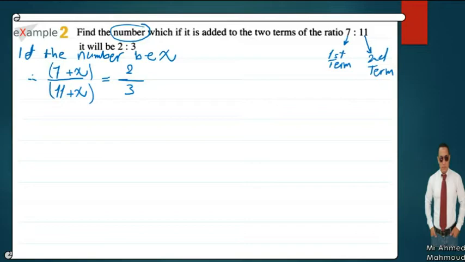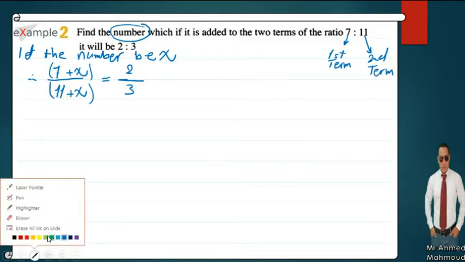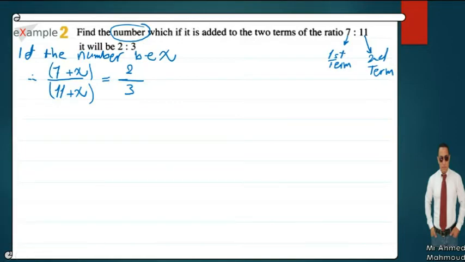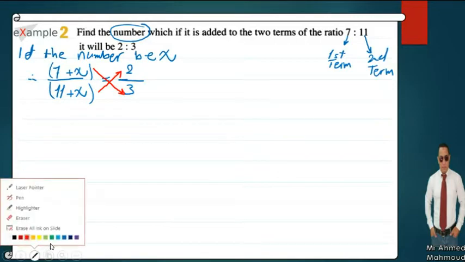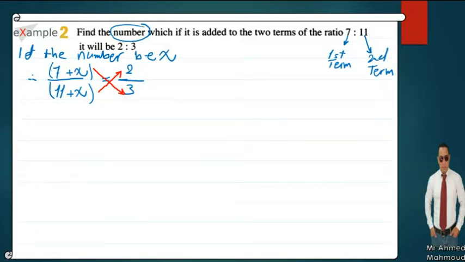Okay, now I need to find the value of x. Then I will make cross multiplication like this: 3 times x plus 7 and 2 times x plus 7. Then continue the equation like this: 2 open brackets 11 plus x equals 3 open brackets 7 plus x.